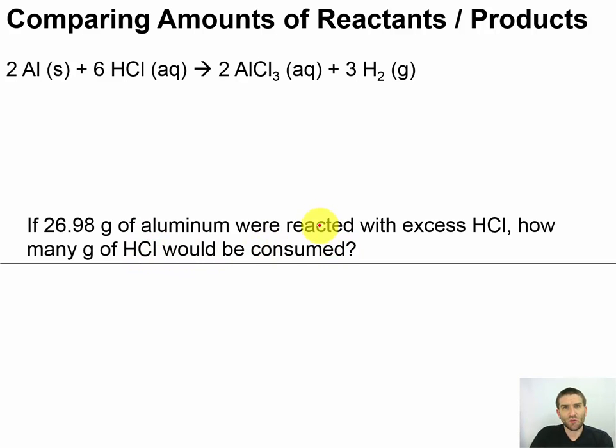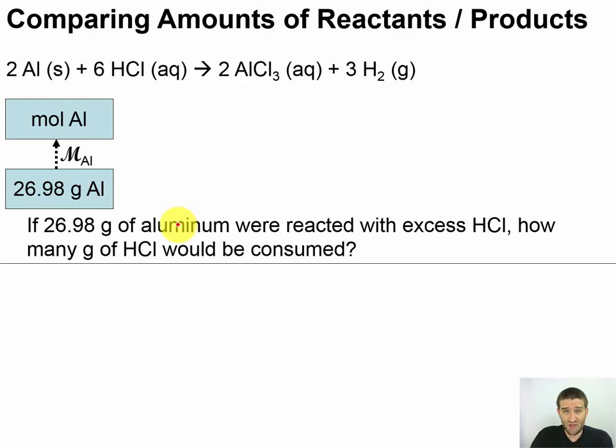Well, here's the conceptual underpinning for how we're going to solve this problem. First, we're going to write down the fact that we have 26.98 grams of aluminum. That's the main piece of information we have here. But we have a few extra pieces of information hiding behind the scenes as well. We know that it's grams of aluminum, which means that we can use the molar mass of aluminum to tell us how many moles of aluminum we have. Almost any time we start out with mass, we need to get into moles. Also, now that we have a balanced chemical equation, our stoichiometric coefficients are going to tell us the ratio that we have between aluminum and anything else that's in this reaction.